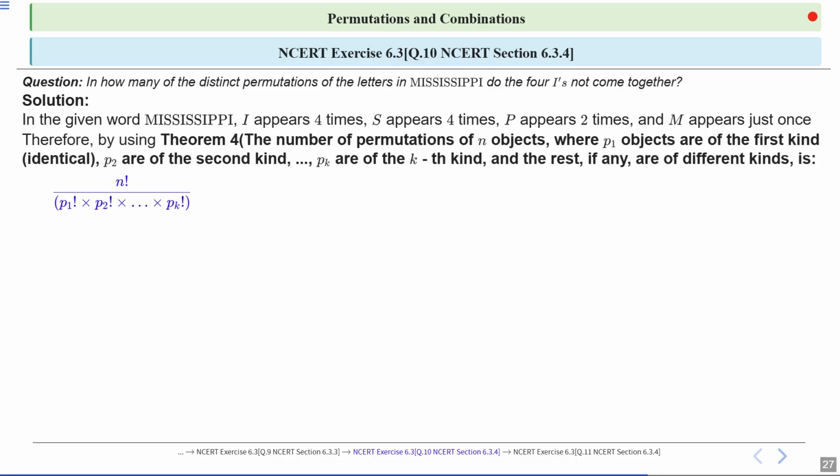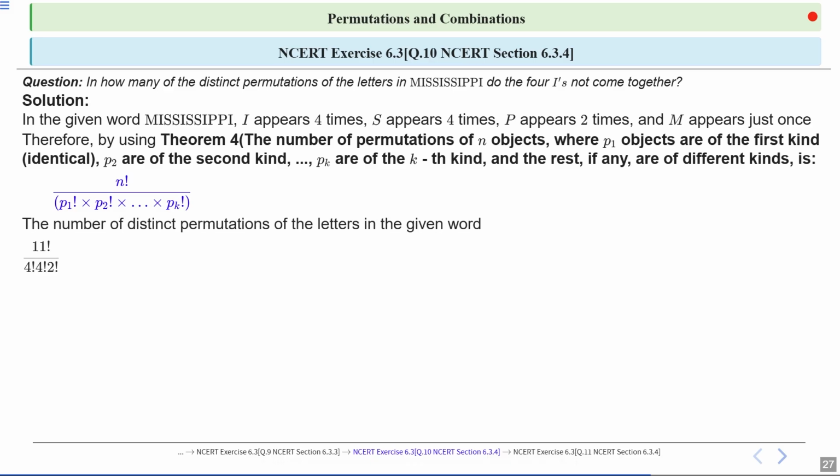Then using theorem 4, the number of permutations of n objects where p1 objects are of the first kind, p2 are of the second kind, and so on up to pk of the kth kind, and the rest are of different kinds, is n factorial upon p1 factorial into p2 factorial into dot dot dot pk factorial.